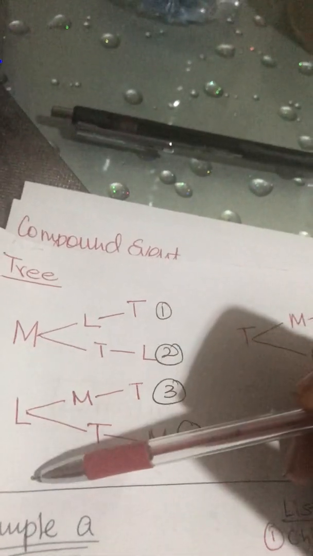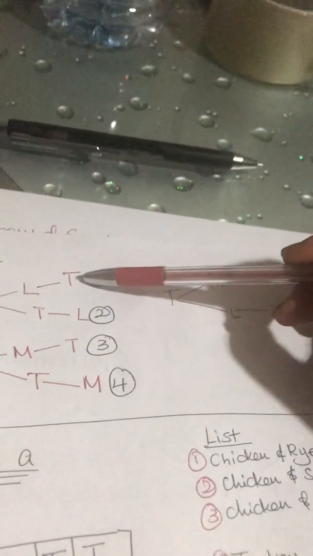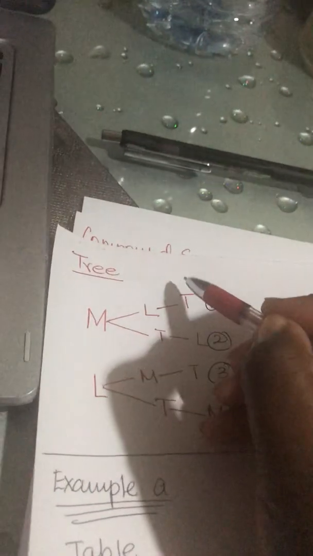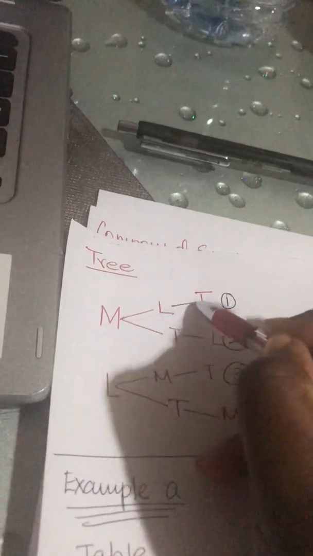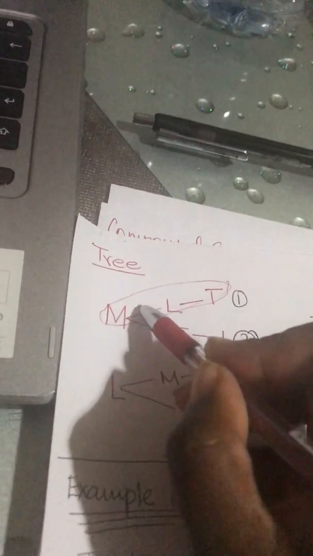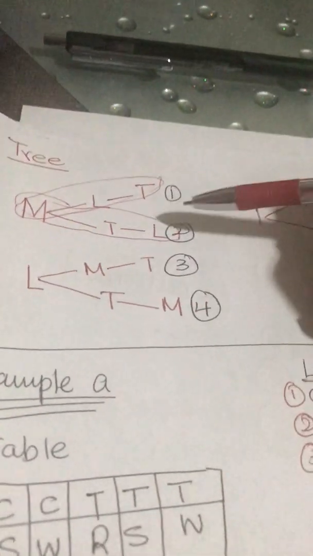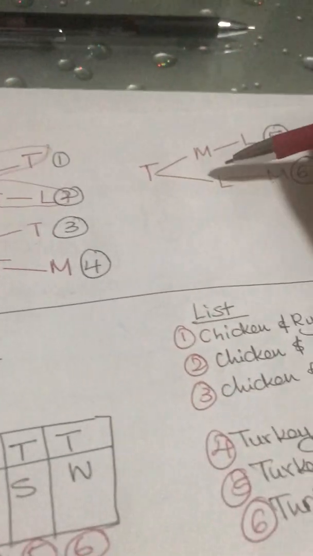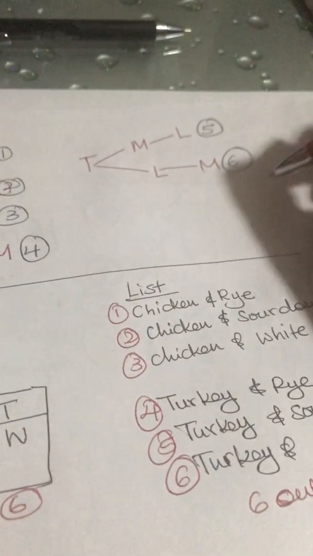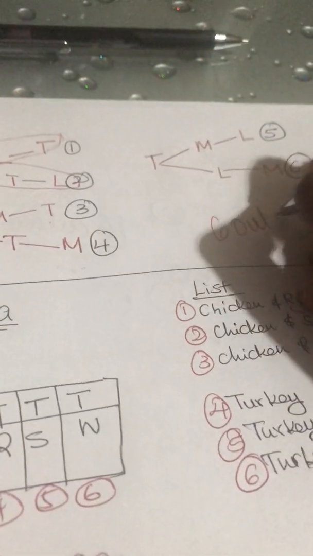You don't count the first one, you count the last ones. How many letters do you have? 1, because this is your first outcome. This is your first outcome. This is your second outcome. Okay? So 1, 2, 3, 4, 5, 6. 6 outcomes. And you have answered the question.